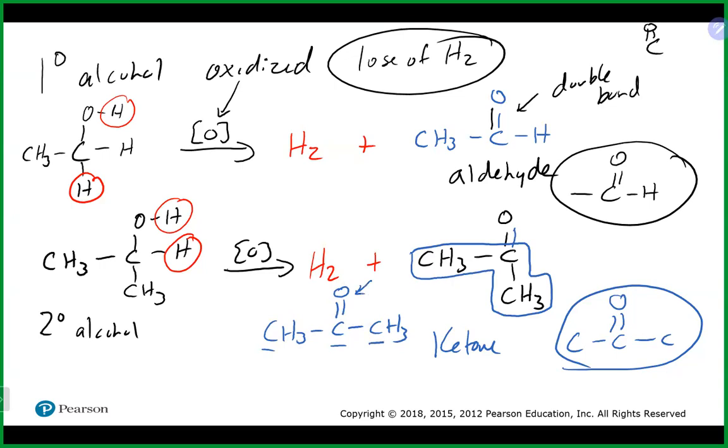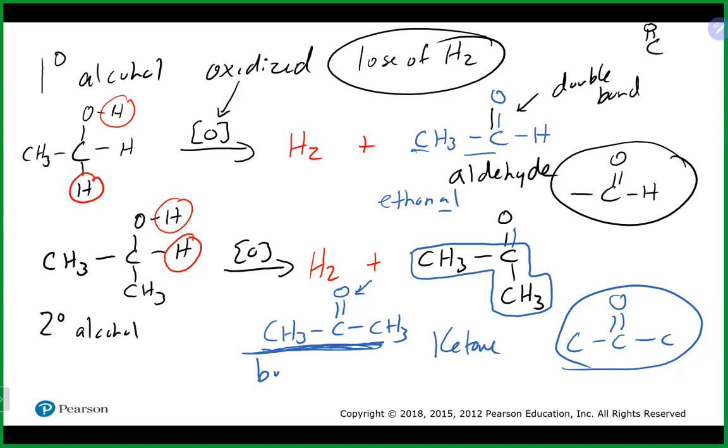By the way, just in case you want to name this, this is how many carbons? 2. And 2 carbons is based off of ethane. This is what is known as ethanal, A-L. That's how you name aldehydes. You do A-L, not O-L, which are alcohols. By the way, this guy right here has how many carbons? 4, which is based off of butane.